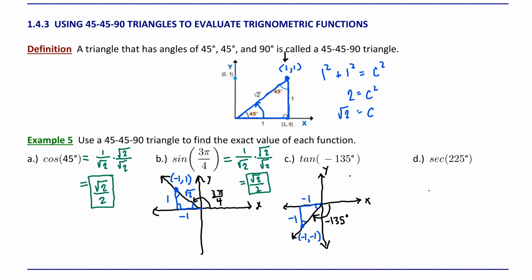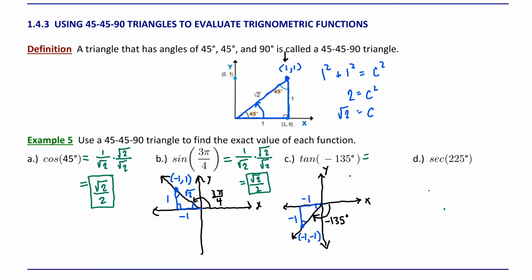Notice the signs for x and y are simply determined by the quadrant in which we're working. Since the terminal side of -135 degrees is in quadrant 3, x is negative and y is negative. Now, the ratio that we're working with here is tangent.